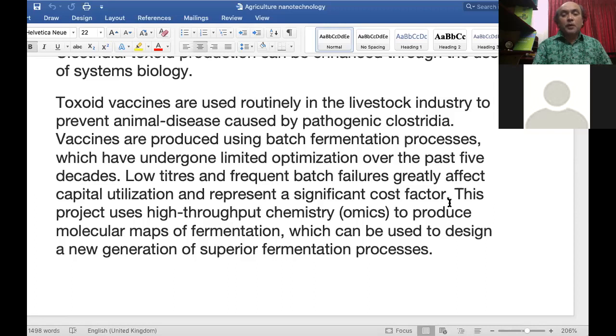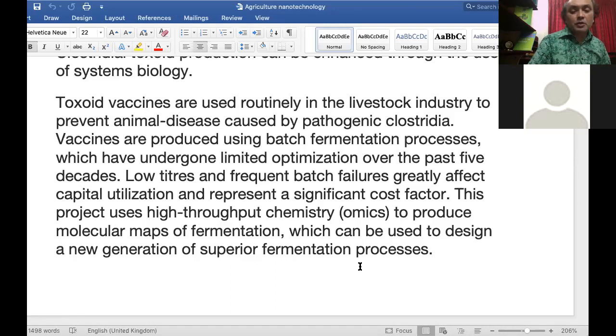And to make it profitable, in Queensland University and many other places, projects are going to use high throughput chemistry, omics technology, to produce molecular maps of fermentation. That means every step of fermentation, if you can map, and if you know the involved genes very precisely, then you can design a new generation of superior fermentation process.